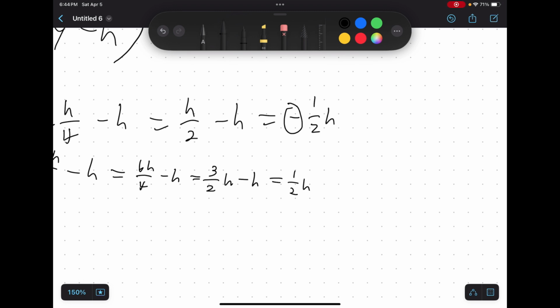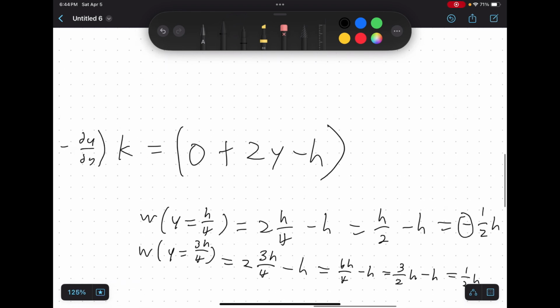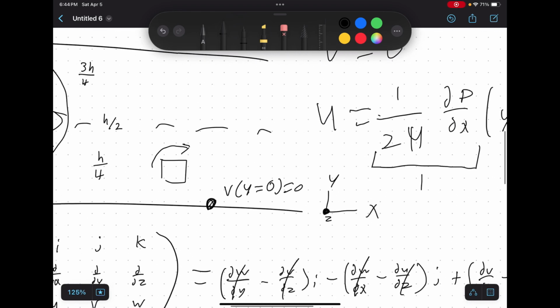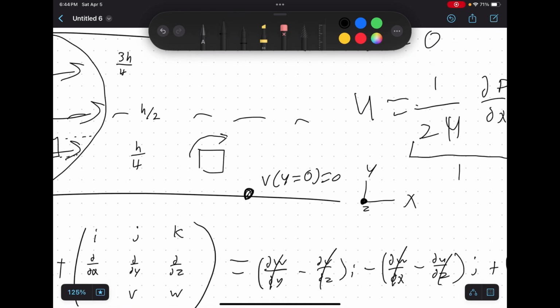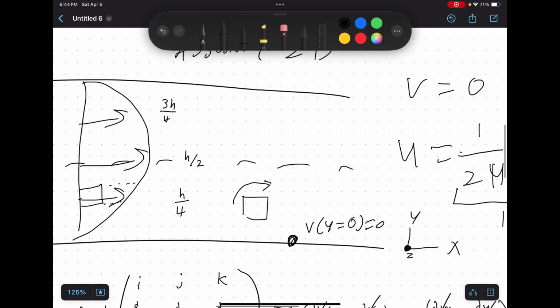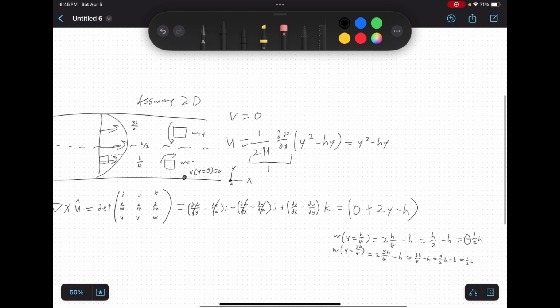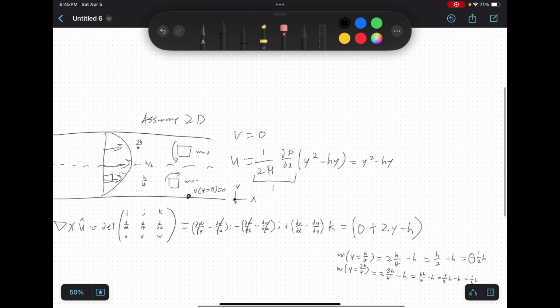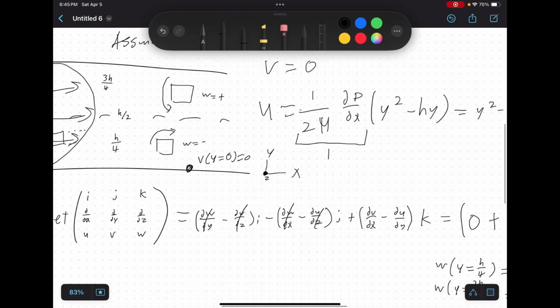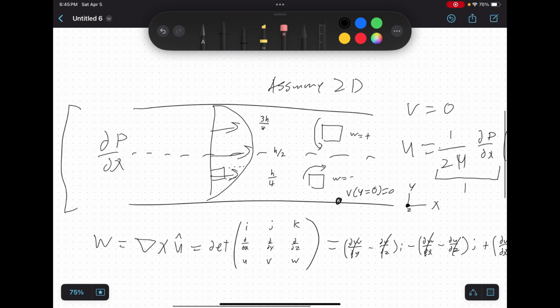And it's positive. So that means if we point our thumb out of the page and rotate our fingers around, it goes that way. That's literally it. That's all vorticity is.